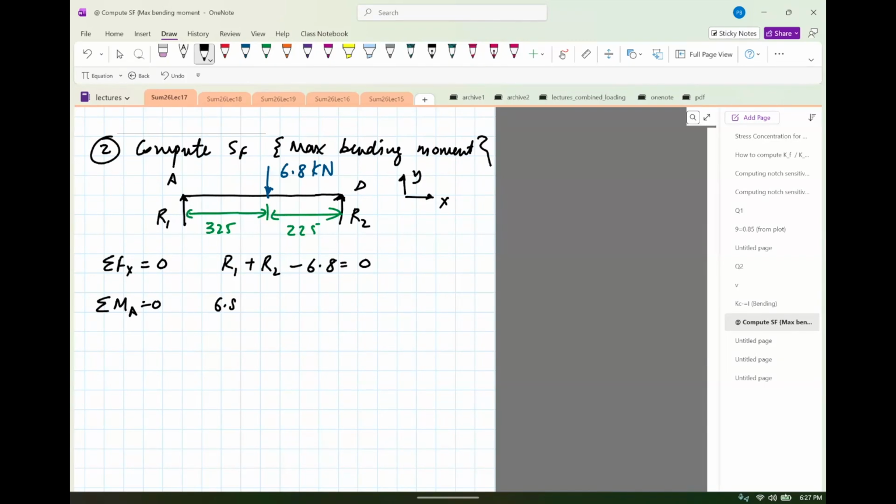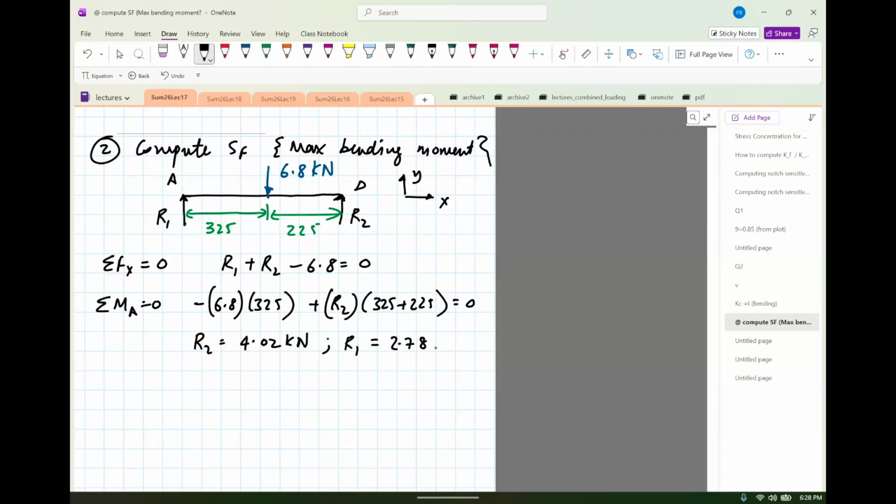So 6.8 times 325, that would be a clockwise moment, so I'll put a negative sign because it turns the whole beam in the clockwise direction. And then plus R2 times 325 plus 225, the total distance from A. If you compute R2, you would get 4.02 kilonewtons and R1 equals 2.78 kilonewtons.